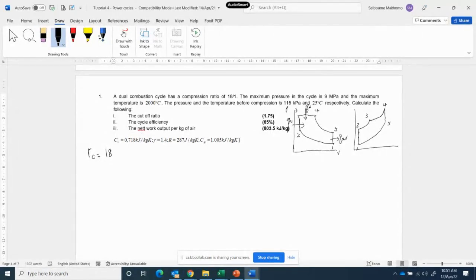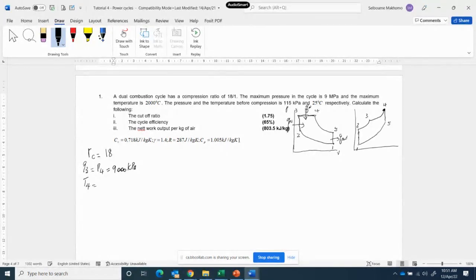So when they say the maximum pressure, it means it's P3, which is equal to P4. So P3 is equal to P4 is 9,000 kPa. And the maximum temperature is 2,000. Maximum temperature is T4. We are here. That is the maximum.